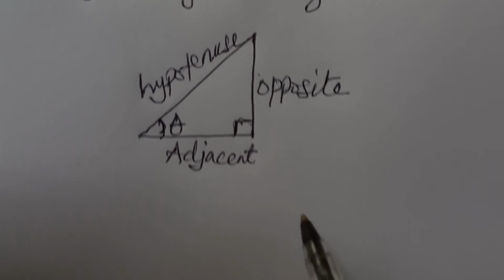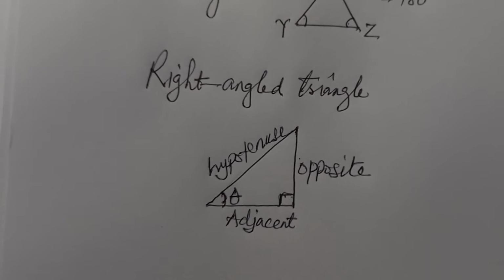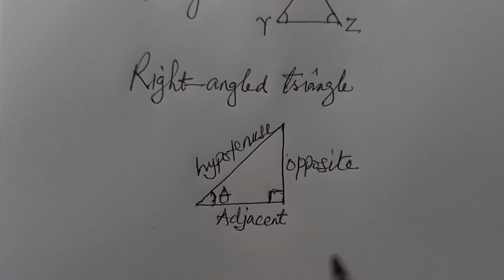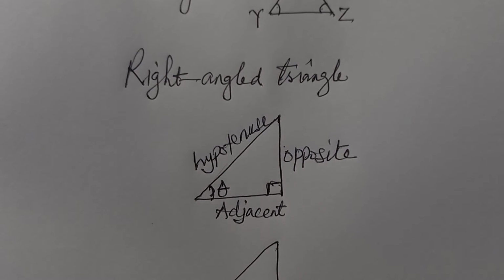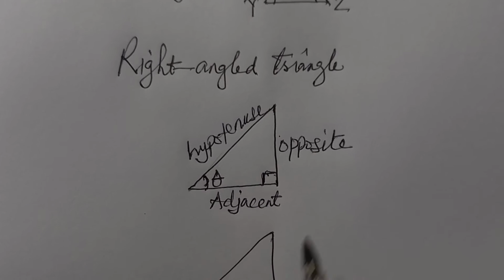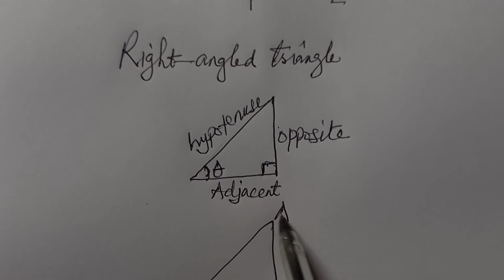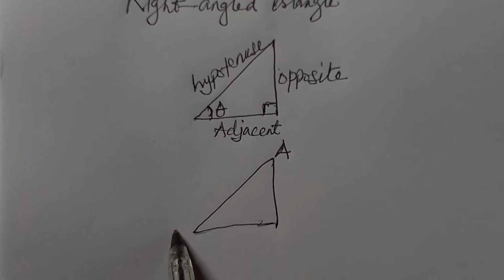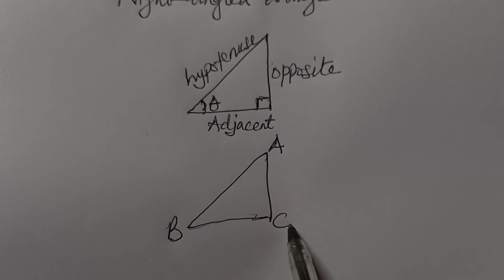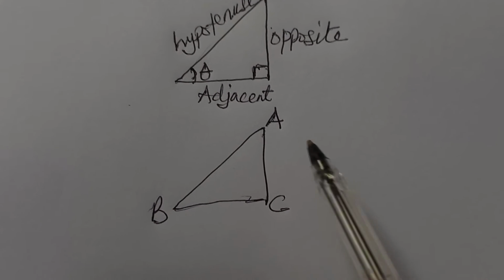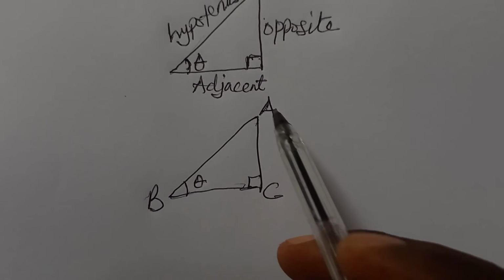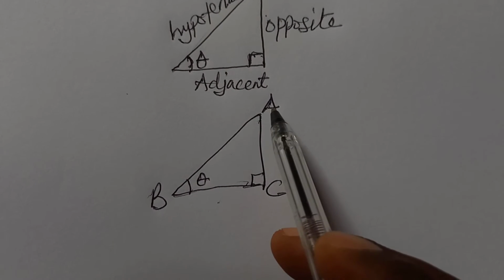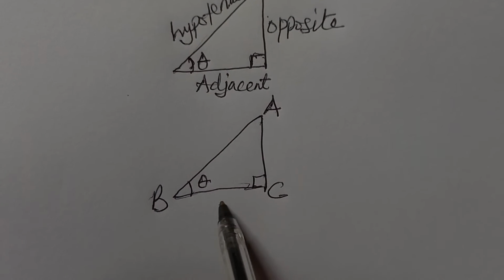Okay, so it is also very important that if we redraw this right angle triangle, we can as well represent this with A, B, and C, so that if we have here as 90, here is theta, this side that is facing this A is small letter a.